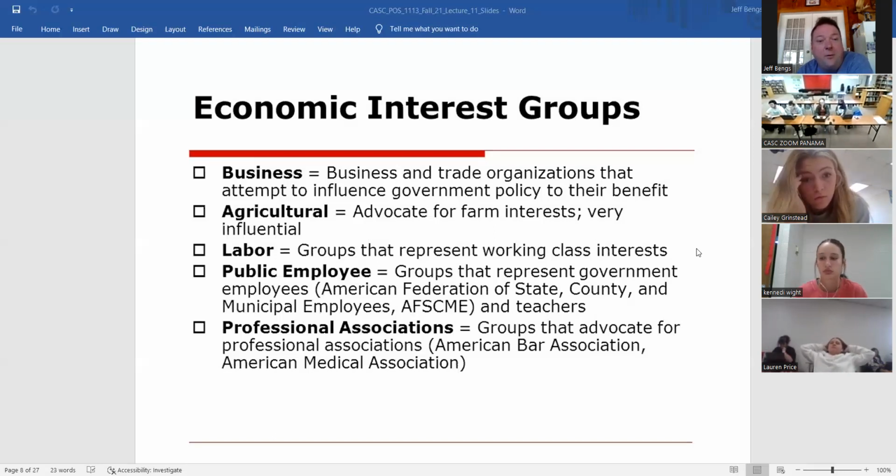So they're looking out for economic interests of the people in those businesses. Now, also called corporate interest groups, that's the largest group of interest groups, if I remember correctly.